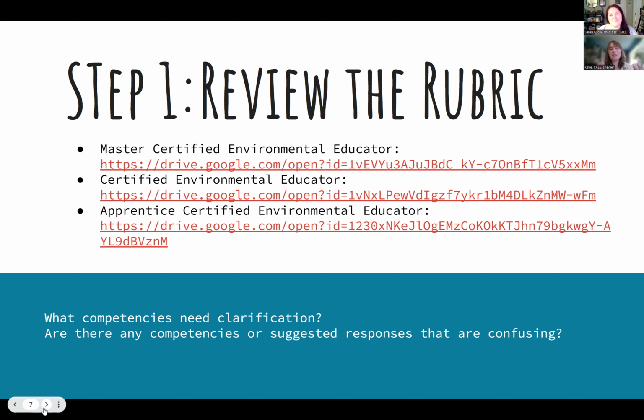And so it's a really good idea to read the rubric in its entirety before you get started and just refresh yourself, especially if you're reviewing multiple levels of certification. It's easy to get confused when you're looking at portfolios that are different types of what's in each one. So always good to review the rubric before you get started.